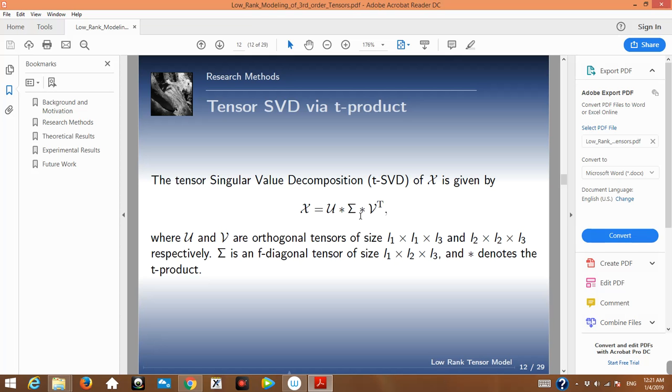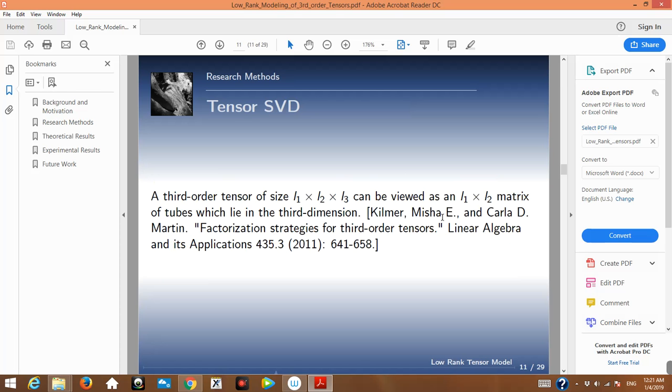The middle one is a diagonal tensor. U and V are orthogonal tensors. And here, the star means the T-product. The T-product is a very useful algebraic structure. For the details, we refer the audience to read their paper.